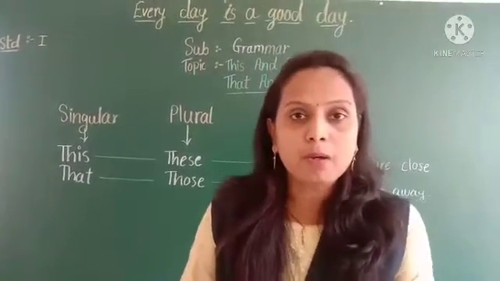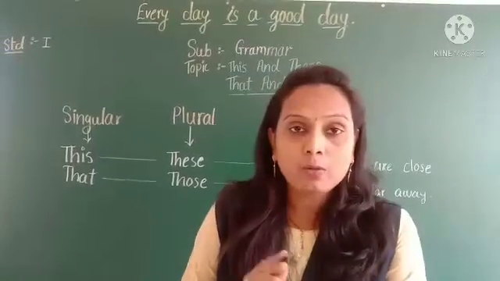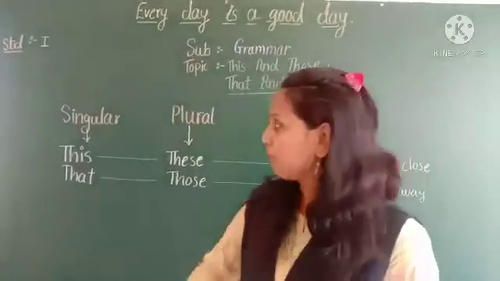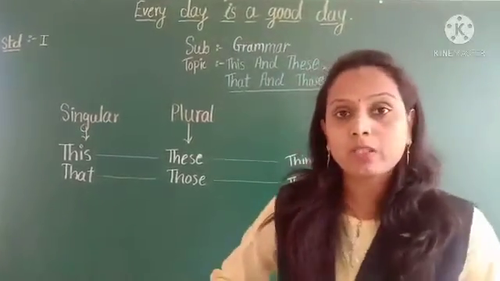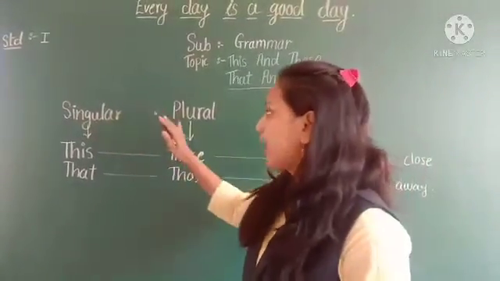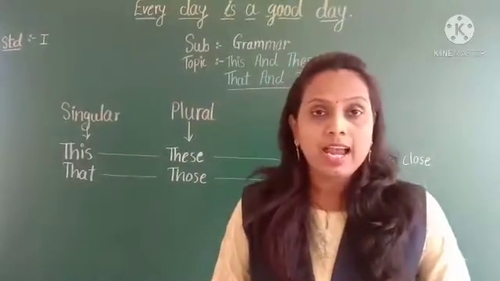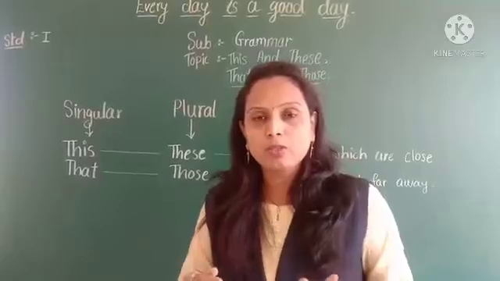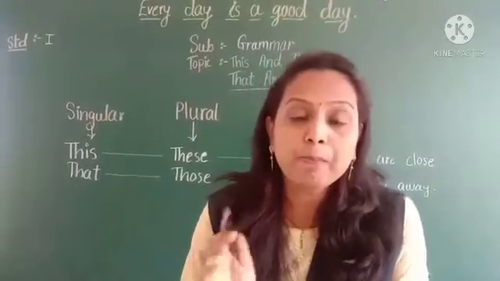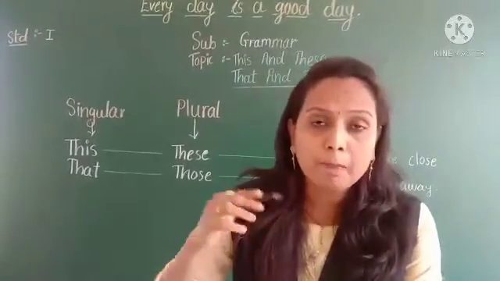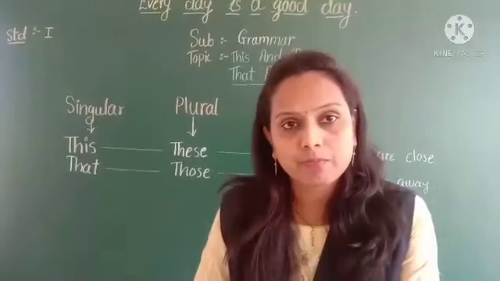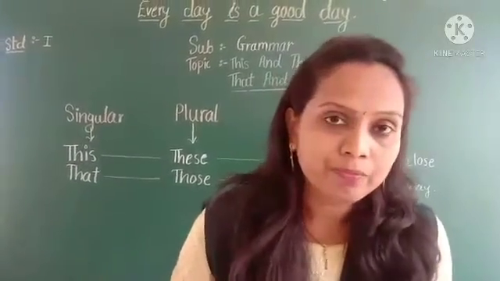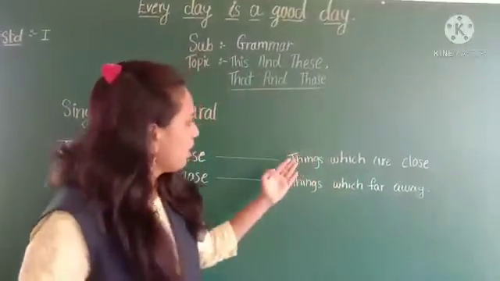When we think about it, we have to think in two ways. Which are they? We have to think according to singular and plural. At the same time, we use these words to show or point to a thing, place, or person. Okay? So, we have to think over it.